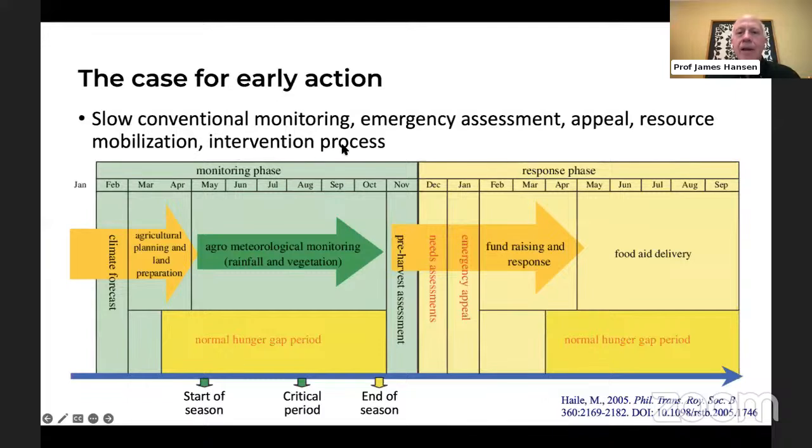And then finally, when all these things have lined up, there's on-the-ground intervention in the form of food aid or emergency feeding programs or cash transfers or vouchers, whatever it is.